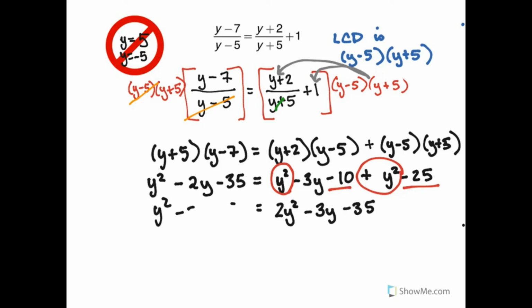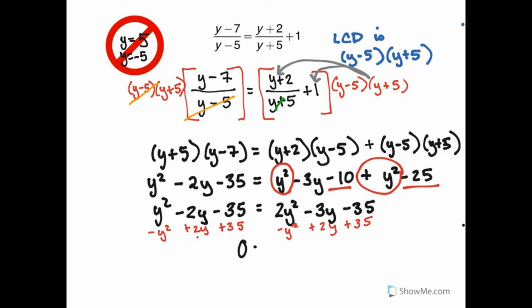So y squared minus 2y minus 35 is equal to 2y squared minus 3y minus 35. I want to get 0 over here, so I'm going to subtract y squared and add 2y and add 35, and I'm going to do that on both sides. That way, everything will be all on one side.